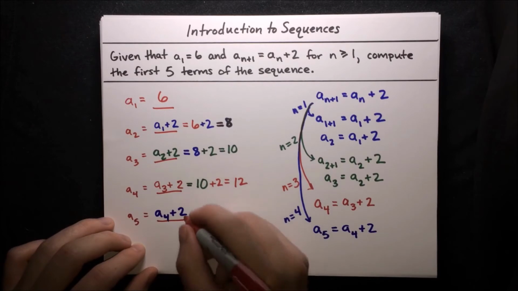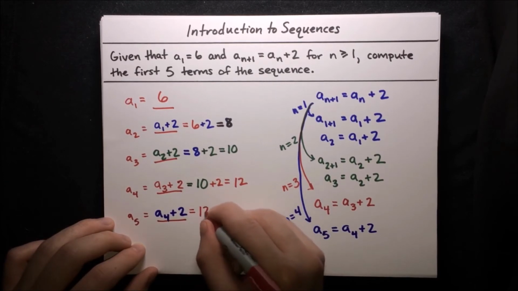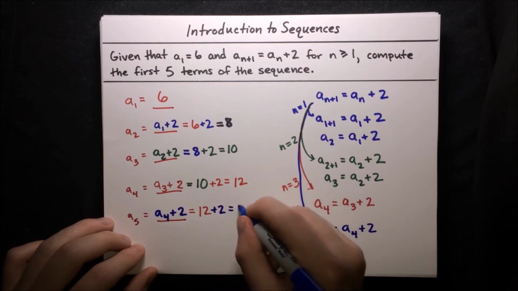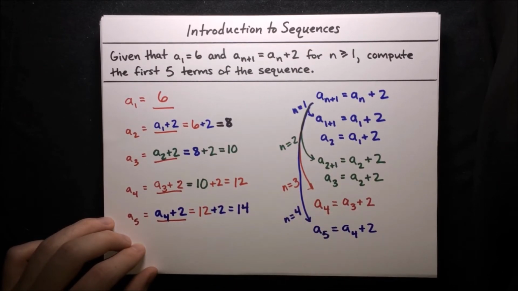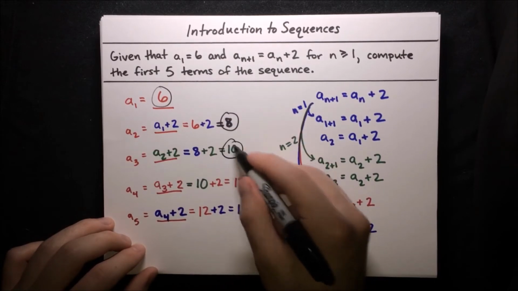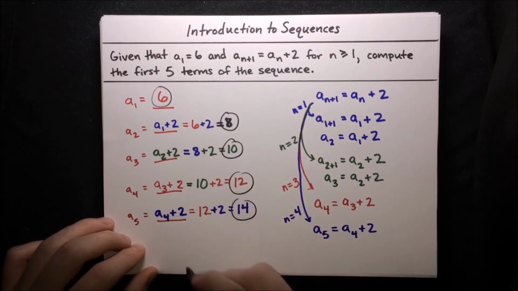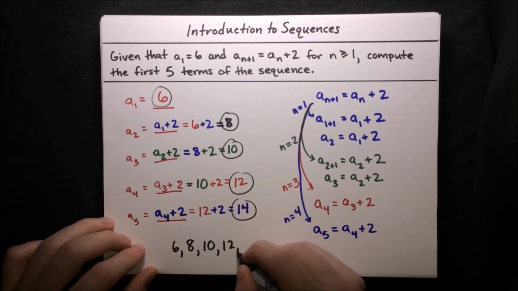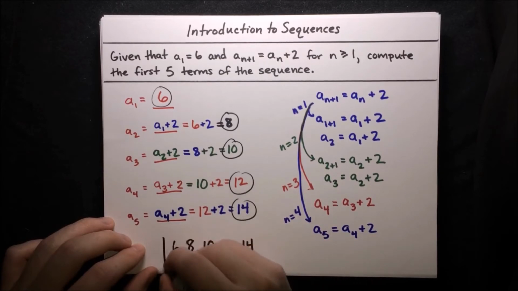A4 we found that's equal to 12. So we have 12 plus 2, which is equal to 14. So there we go. There are the terms of the sequence: 6, 8, 10, 12, 14. Let's write that down here. 6, 8, 10, 12, 14.